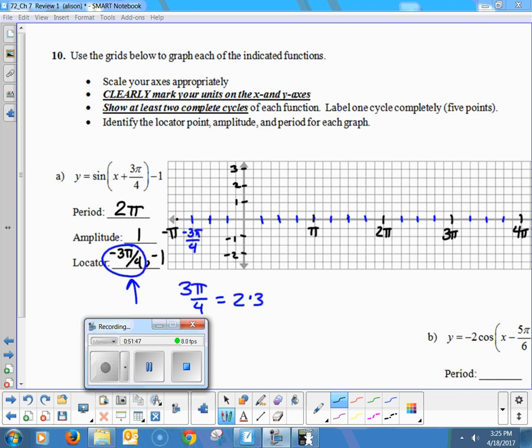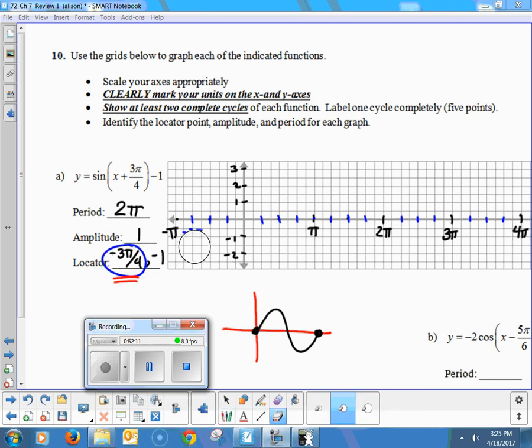All right. So if we're graphing this sine wave, let's start by plotting a locator. The locator is at -3 pi over 4, -1. Keep in mind, here's what sine waves look like. They start, they go up, down, back, and then they finish. So they start at the locator. I'm going to clean this up for a second.